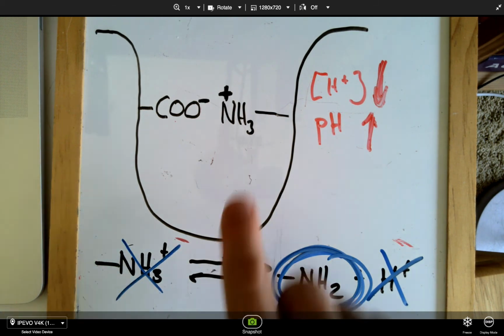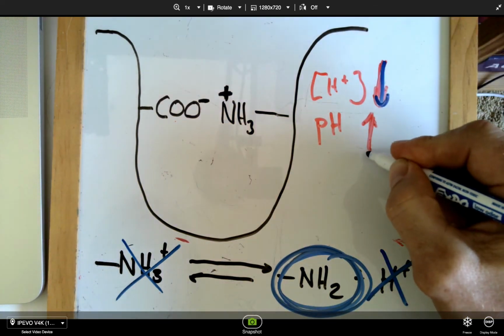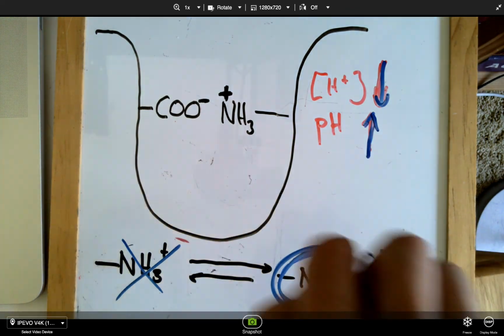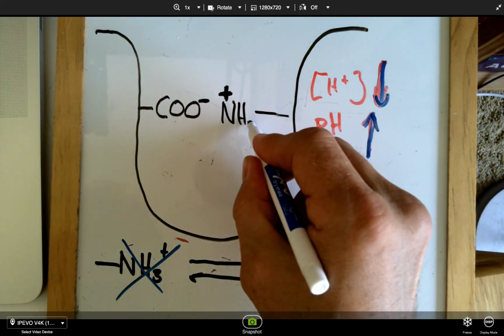So eventually, as we keep reducing the hydrogen ion concentration, as we keep increasing the pH, we're going to lose one of those 3 hydrogens.